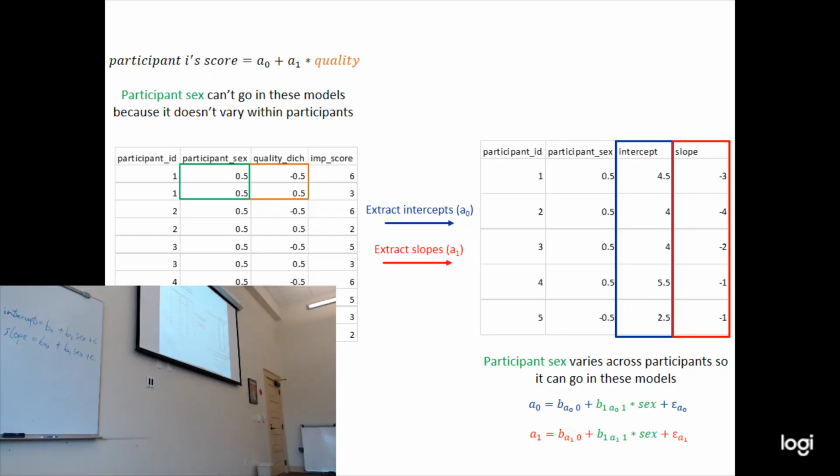Is there a difference in that overall score? Or another question that you could ask is, does the difference in scores that the reviewers gave to high and low quality grants differ for men versus women? So one is a question about averages, the other is a question about differences.